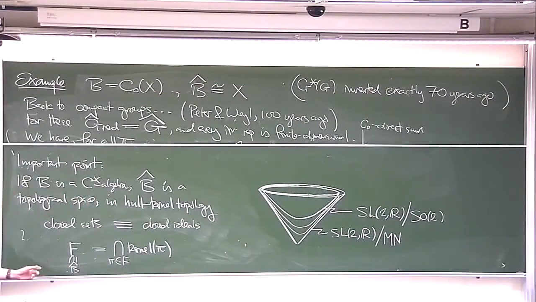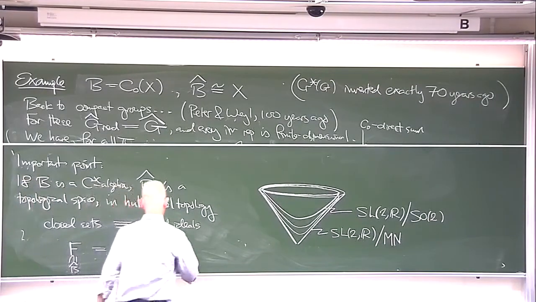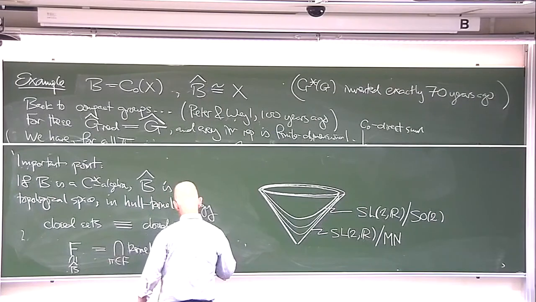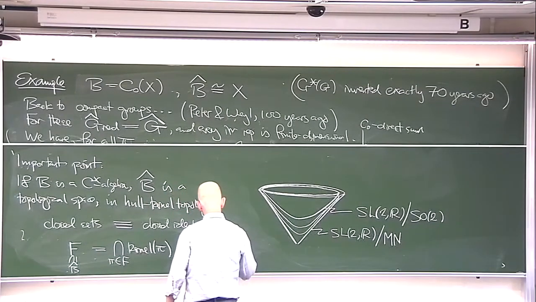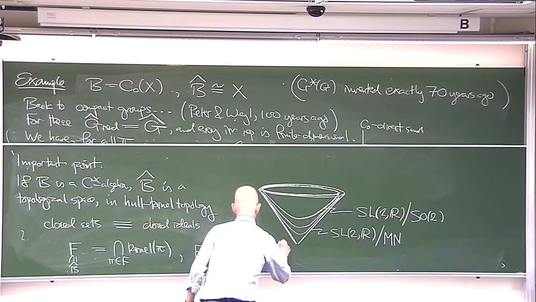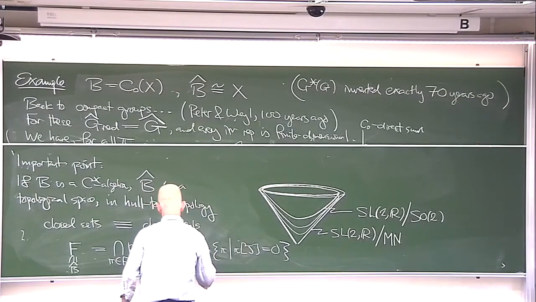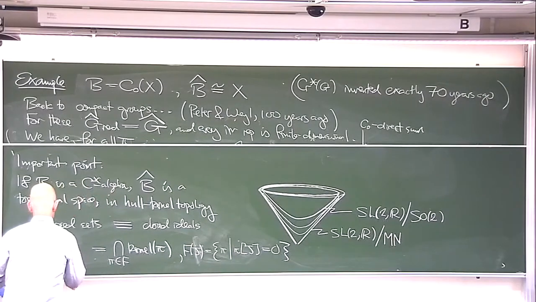And this builds an ideal, and of course you can go in the other direction. If I have an ideal, I can build a closed set, namely the set of all pi's such that pi on the ideal is 0, which of course is the hull of J.